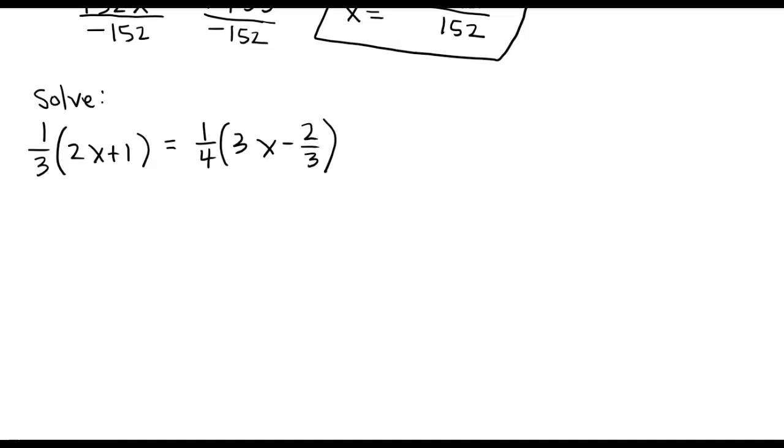So the first thing that I would tell you to do on this is, if you see parentheses, you should think, one way to simplify that would be to use the distributive property.